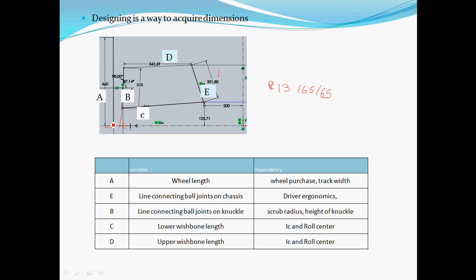Now if this scrub radius is too low, what will happen? The driver will not get the feel of the road, the right feedback from the road. And if this is too big, the driver will have to apply a lot of torque to turn the wheel. Okay, so there should be an optimum scrub radius.